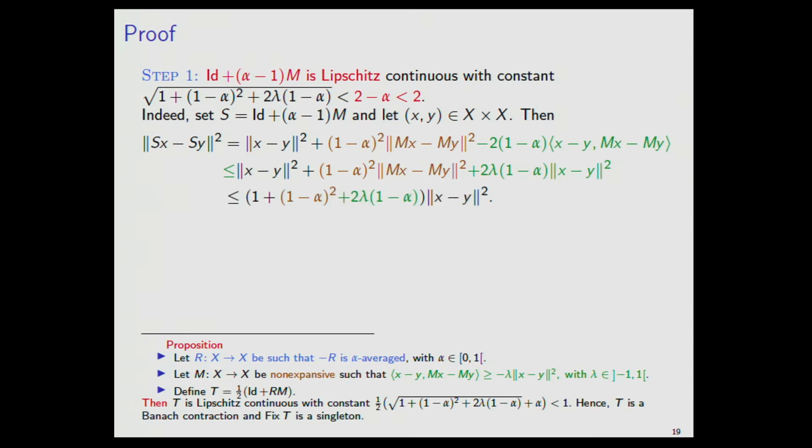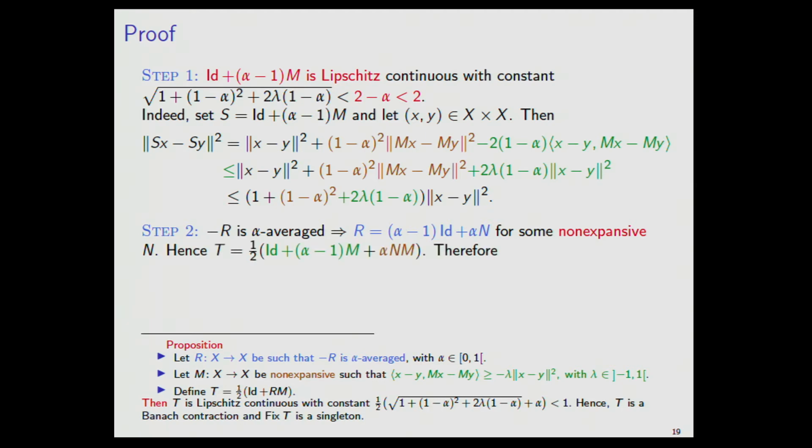Now, the next term, I just use the fact that M by assumption is also non-expansive, so I get another inequality, and I simplify to this. So we get that it's Lipschitz with the claimed constant, and we can easily see that it's actually strictly less than 2. Now, R is alpha averaged, so we can write it like that, and N here is a non-expansive operator.